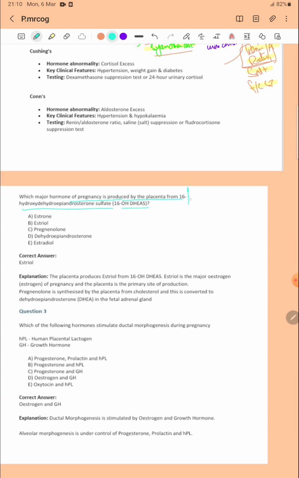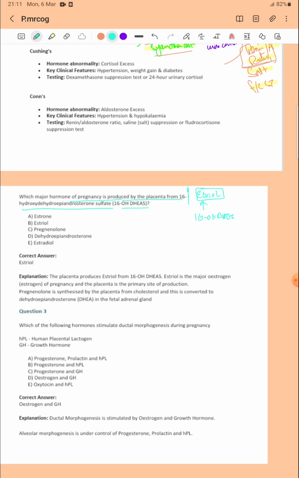The most important hormone of pregnancy from the placenta is estriol, and it is produced from 16-OH DHEAS, or 16-hydroxy dehydroepiandrosterone sulfate.